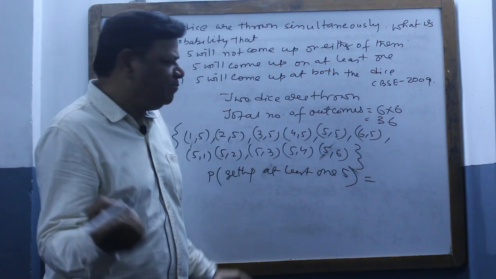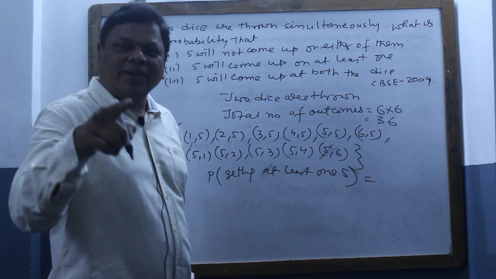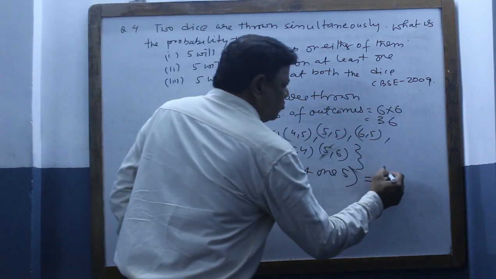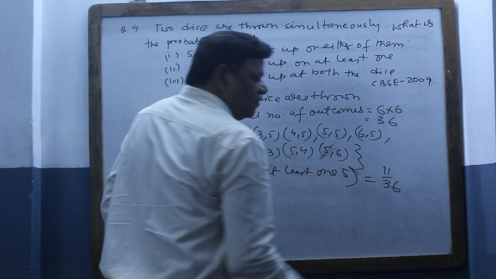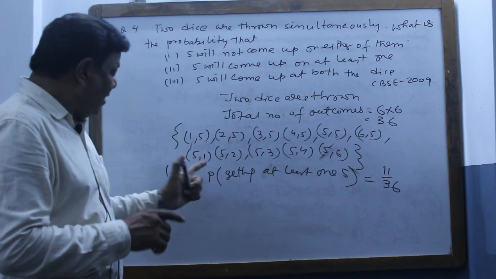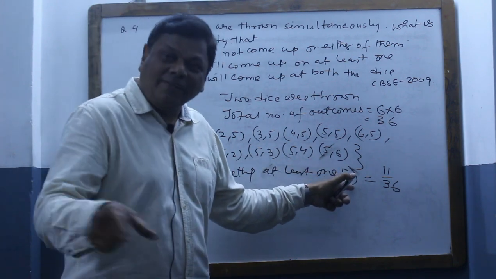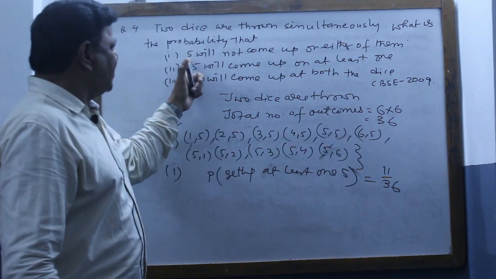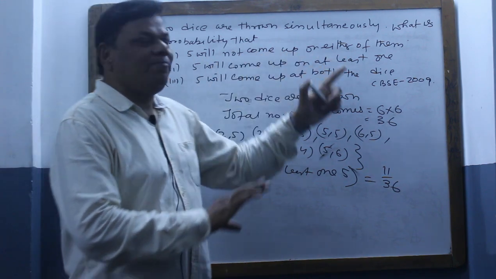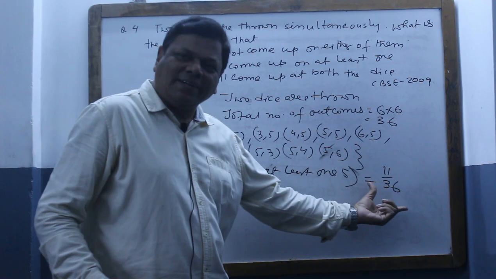That is, 2 also can come. So what is there? That is 11. Total is 36. So I have to write 11 by 36. Now this is not the answer of this. I got the answer for getting at least 1 five, meaning 1 five and 2 fives. But they say 5 will not come on either of them. So I got 11 by 36.